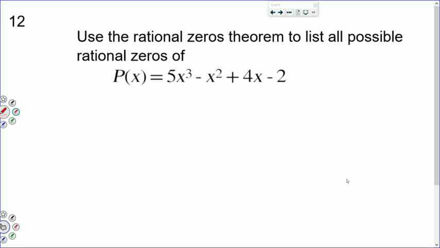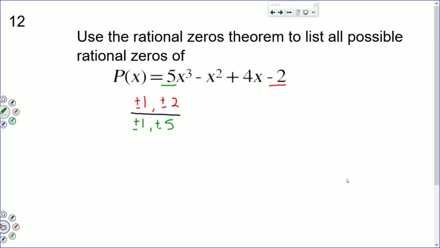So we need plus or minus all the factors of this guy. So plus or minus 1, comma, plus or minus 2. Then we also need positive and negative of our leading coefficient. So plus or minus 1, comma, plus or minus 5. So then we want to make all these into fractions.